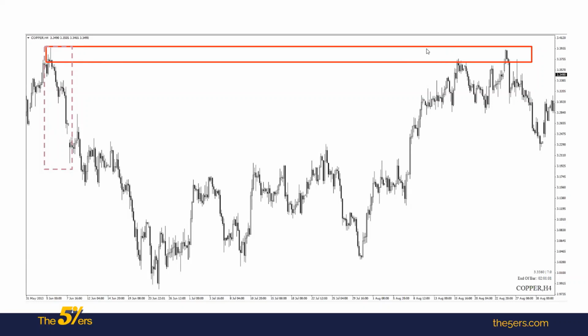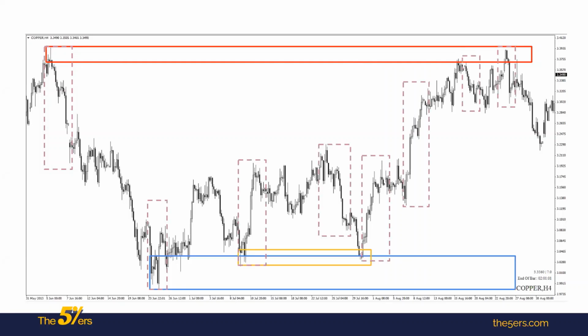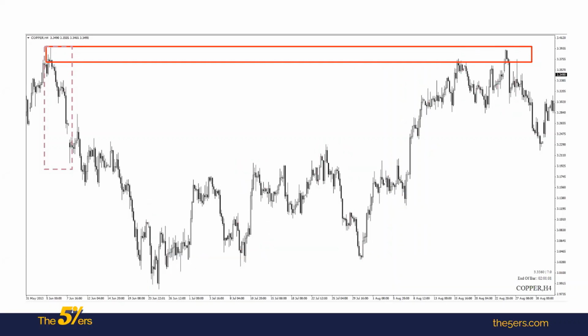In this particular scenario, we call it the supply zone. So the whole zone is where we configure our stop loss, and this is where we manage our risk. Okay, so the whole zone range is our risk unit, and this is how we actually build our trade.